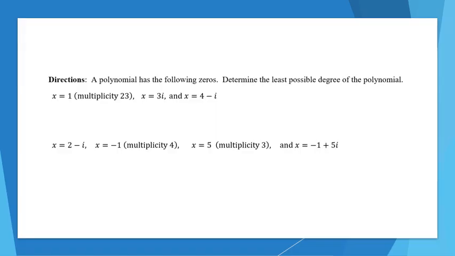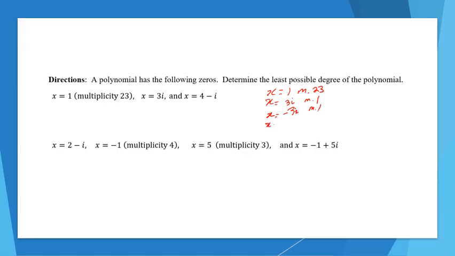So here, if we write out all of our zeros, we have x equals 1. This has a multiplicity of 23. Wow. We also have x equals 3i. This is safe to assume a multiplicity of 1. With this comes along its best buddy, x equals -3i, which also has a multiplicity of 1.